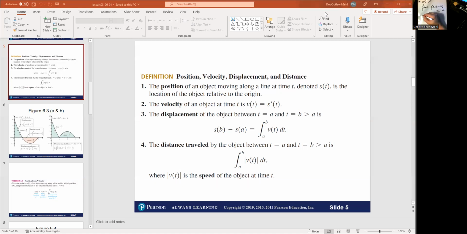So solving for s of t, that tells us s of t is going to be my initial position plus the displacement between times 0 and t that I get by integrating my velocity function.